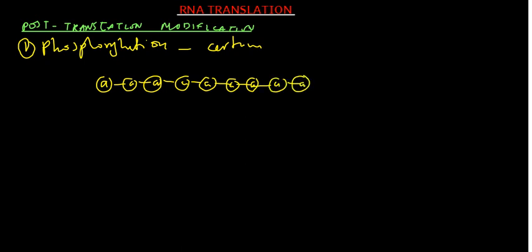So certain amino acids, I'm using AA to mean amino acids. An example that we can give is serine and also tyrosine. These have to undergo some modification by phosphorylation, and what happens is they are modified by an enzyme which is called kinase.